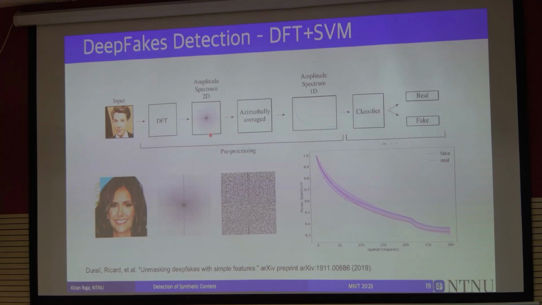It is nothing but breaking the signal into two parts. Once the signal is broken into two parts, I can start looking into it and identifying what is changing. So look at this particular part. If you take an average of all the signals you capture in the 2D spectrum, you can average it out and get a 1D signal, and this 1D signal will be different for a real image versus a synthetic image.